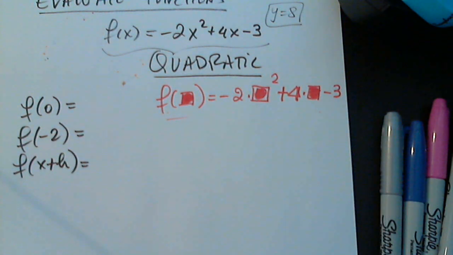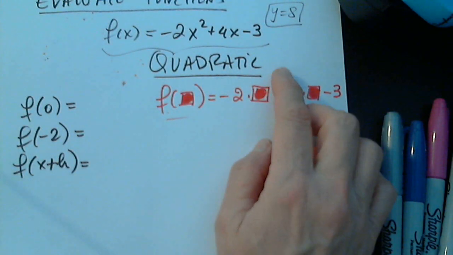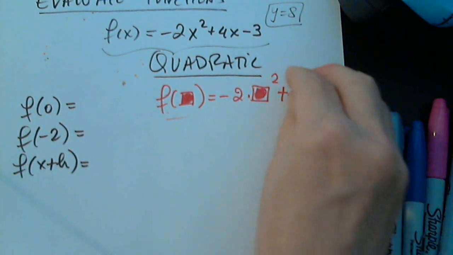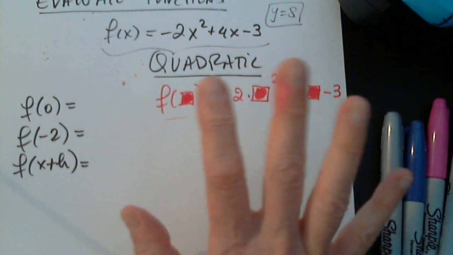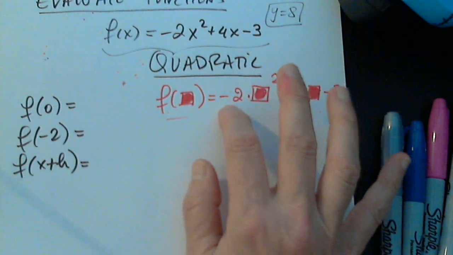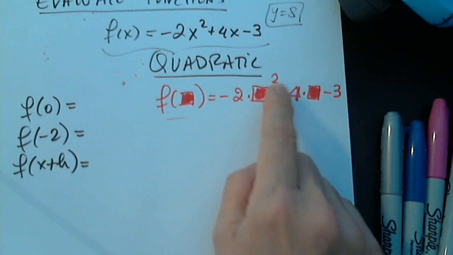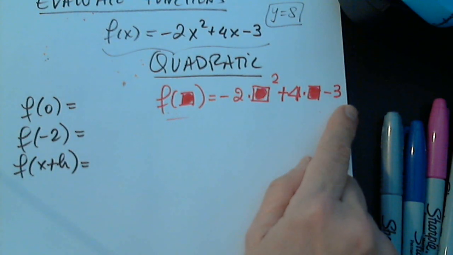So this is the order of what I'm going to do. If you want me to evaluate for 64, I will say 64 squared, multiply by -2. I will multiply 4 by 64, add the answer to what I got in the first step, and then subtract 3. So again, the pattern is f of whatever is -2 times whatever squared plus 4 times whatever minus 3.